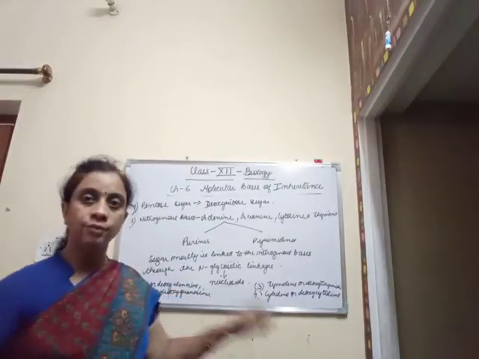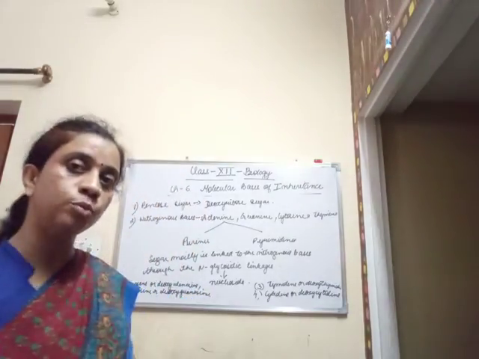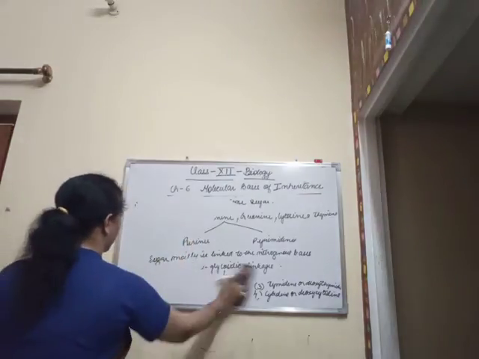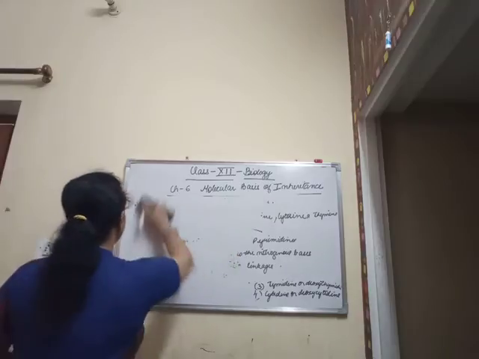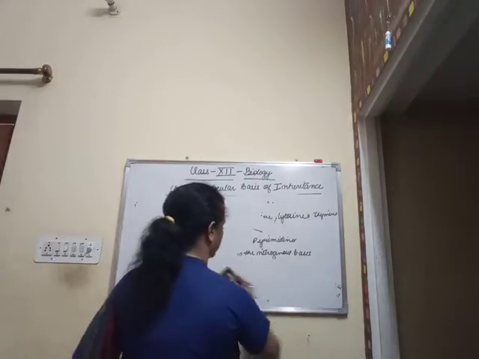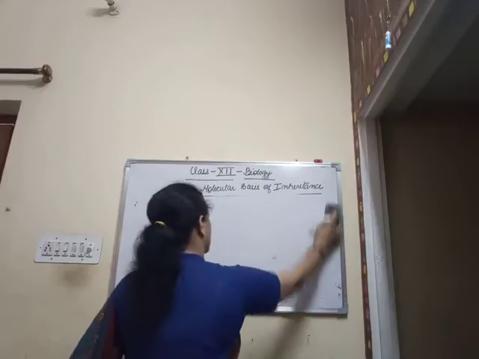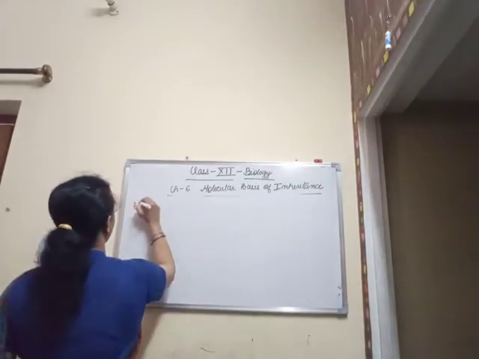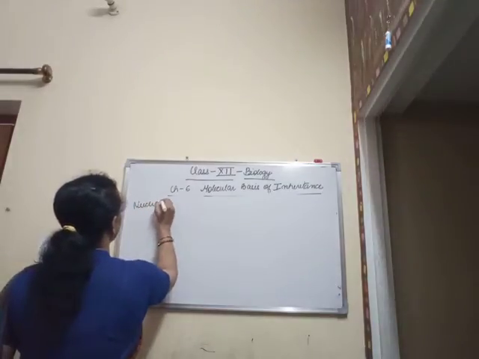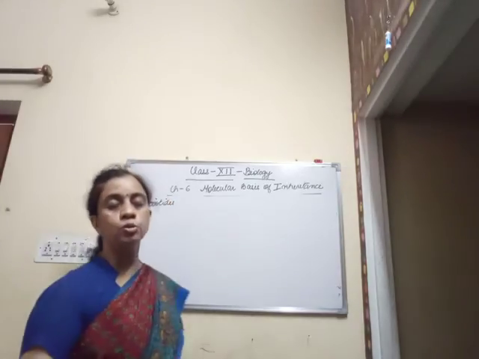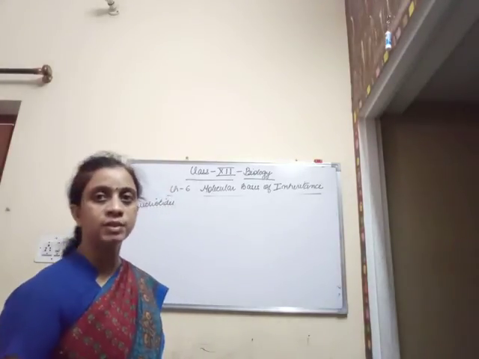After the formation of the nucleosides, we proceed with the formation of the nucleotides. As I told you, a nucleotide comprises three portions: a sugar, a nitrogenous base as well as a phosphate molecule.